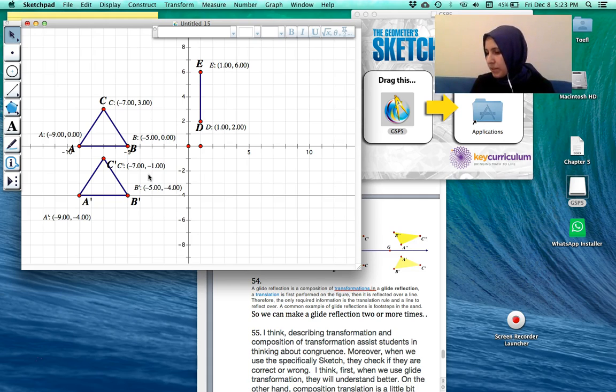Question 3. Mark the line DE as a vector. Translate ABC. The image will appear. Yes, I got it already. Label the image and find the coordinates. Yes, I also found it already. Describe how the coordinates of the vector and the coordinates of the original and image triangles are related.